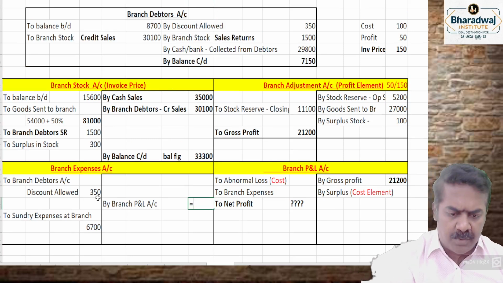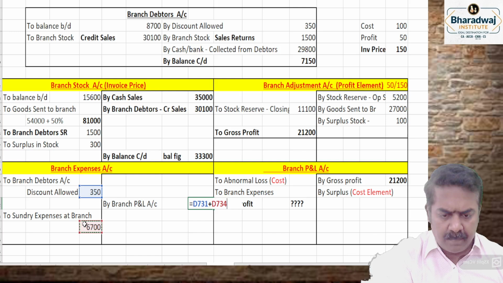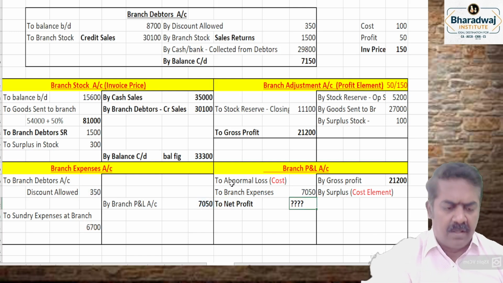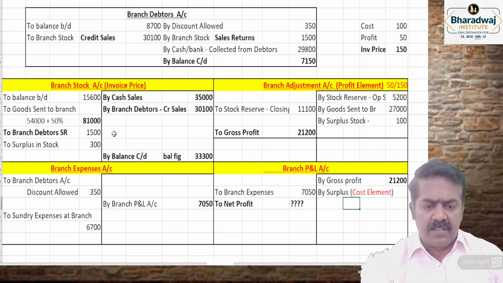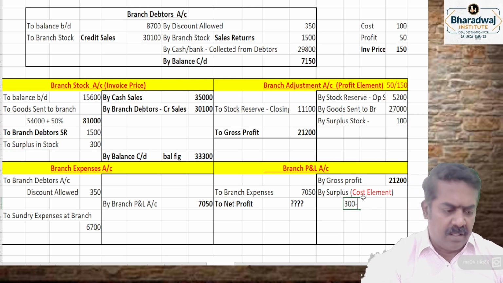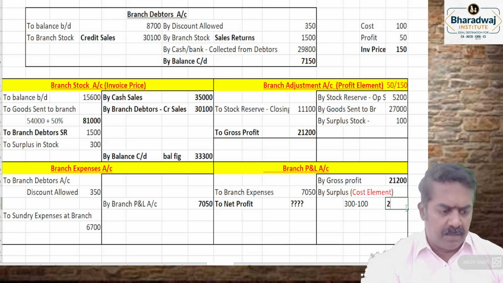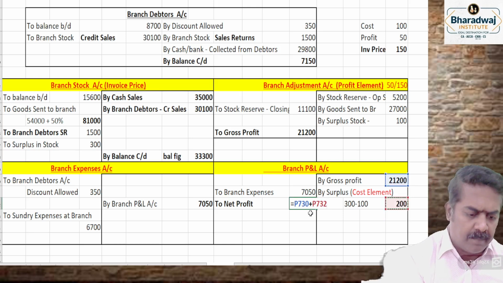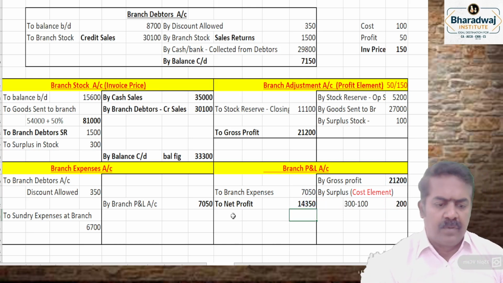Total will be transferred to P&L account. There is no abnormal loss in the question. Surplus. What is the surplus? 300 is surplus. What is the profit element? 100 is the profit element. Balance how much will come? 200 will come. Tally this, you will get the balance. 14,350 is the balance.